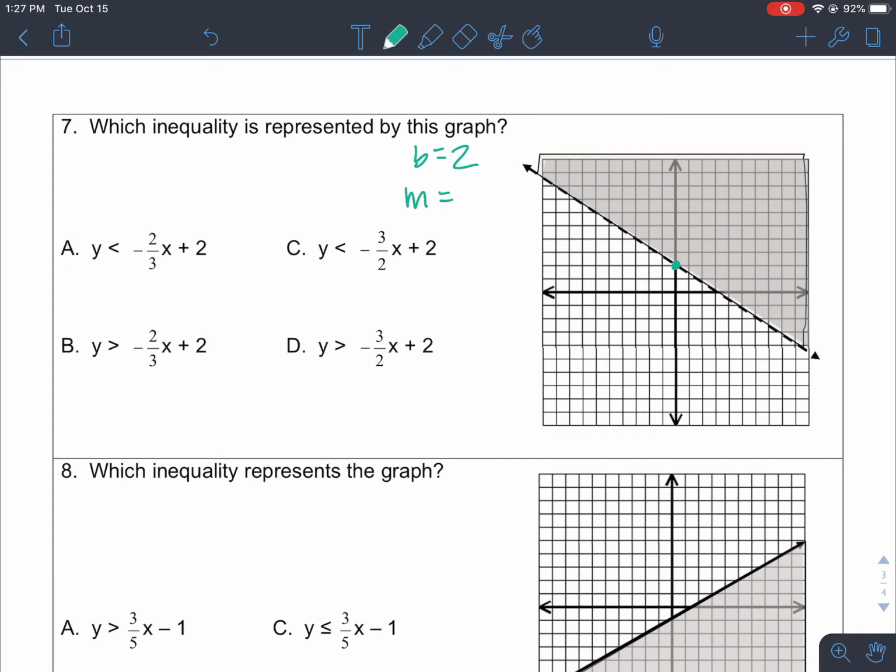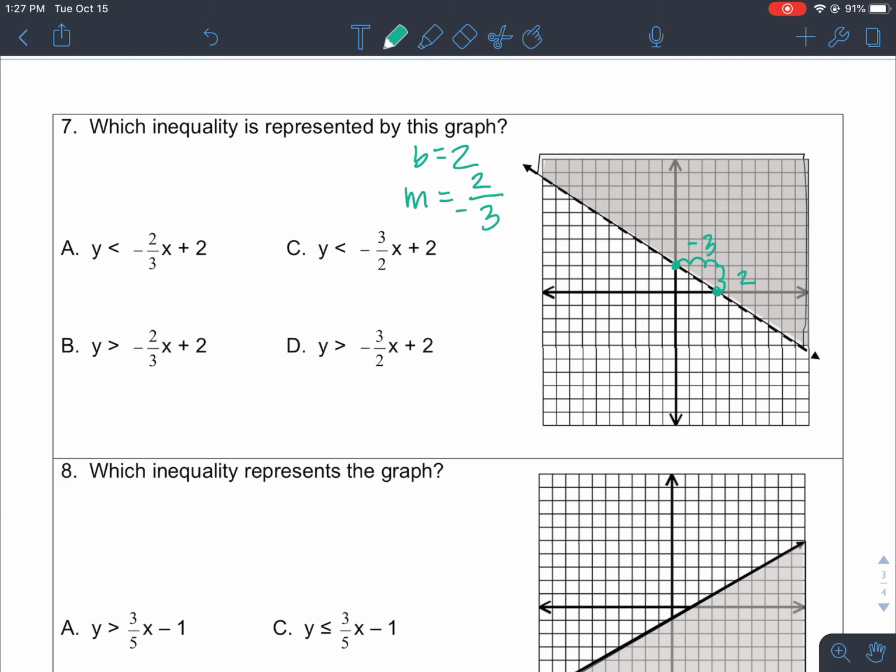So I'm going to choose my x-intercept and my y-intercept. And I know that slope is rise over run. So it's rising 2 and it's running backwards 3. So the rise over run is 2/3 and it was a negative slope.